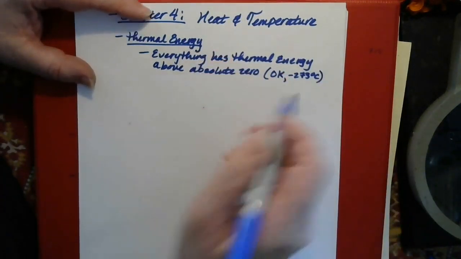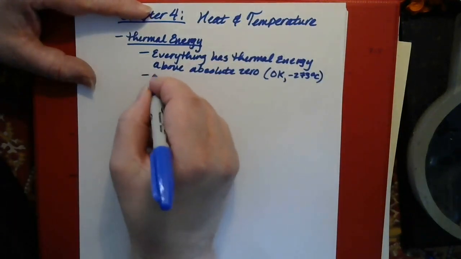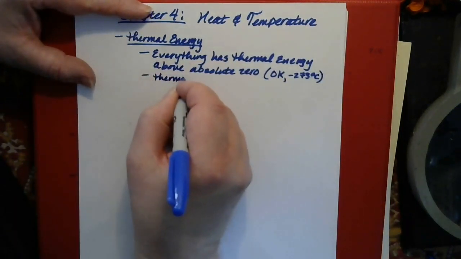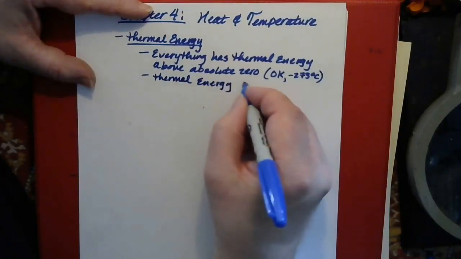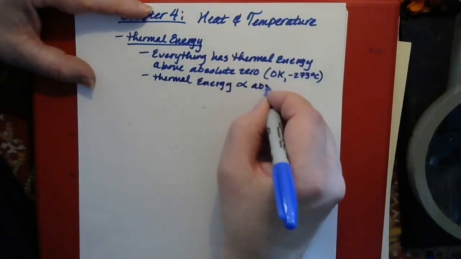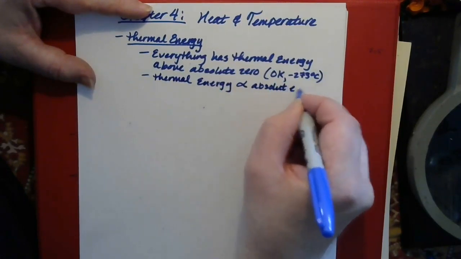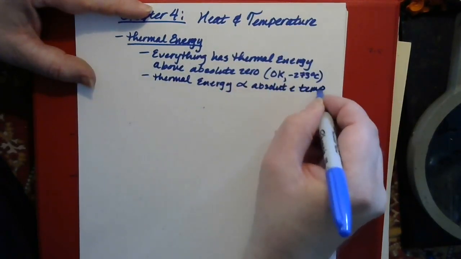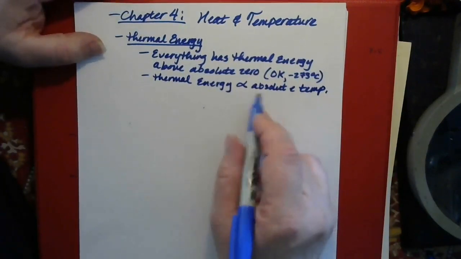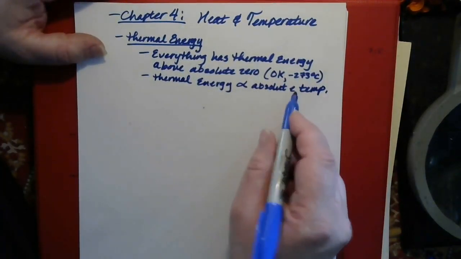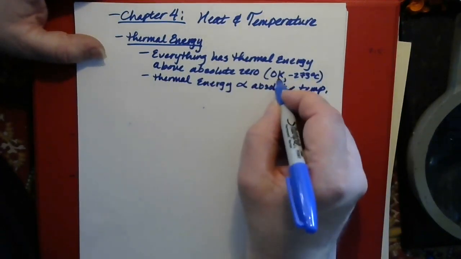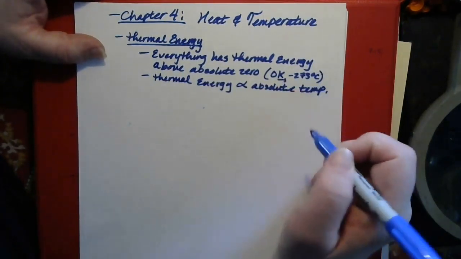And so in other words, everything has thermal energy. And the amount of thermal energy something has is directly proportional to the absolute temperature. That would be the temperature in kelvins, not in Celsius.